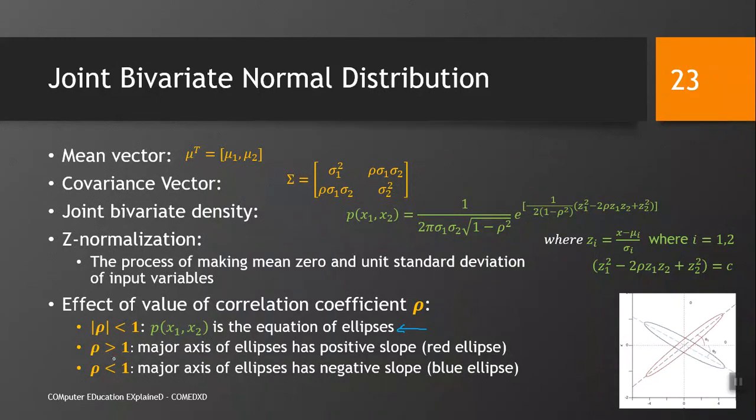If rho is greater than 0, the major axes of the ellipses have positive slope. This is a positive slope. And if rho is less than 0, the major axis has negative slope. So from the value of rho we can tell something about the orientation and shape of the ellipses.